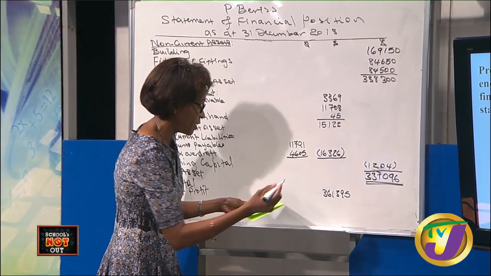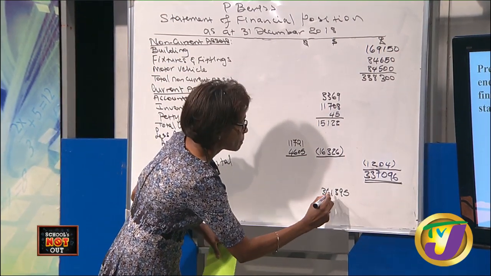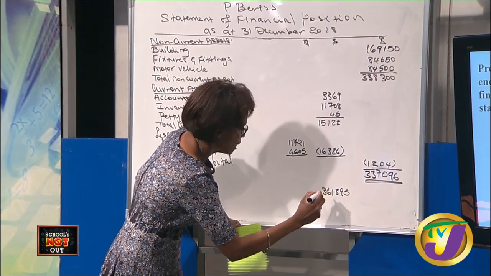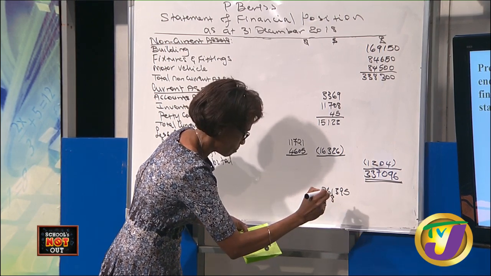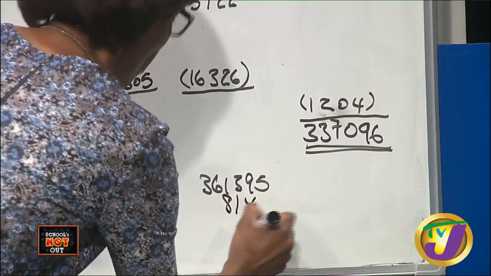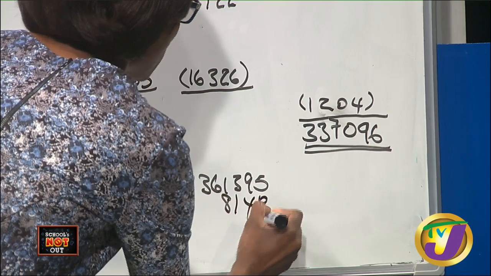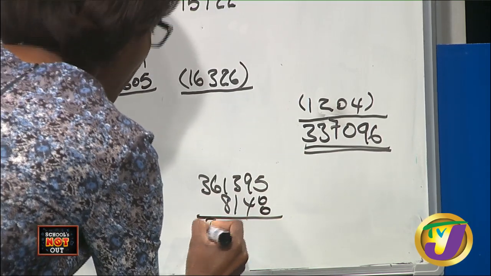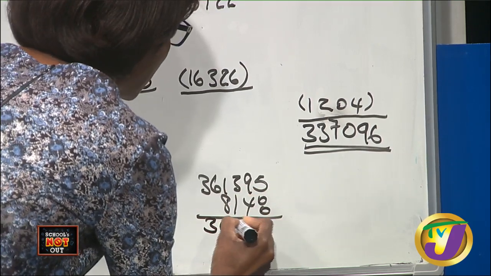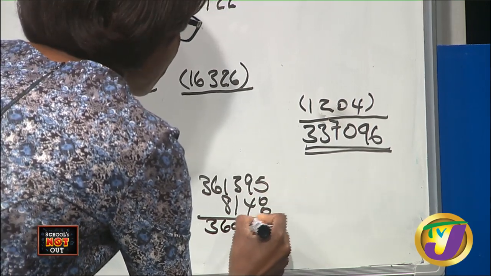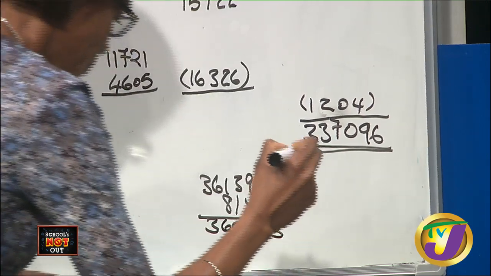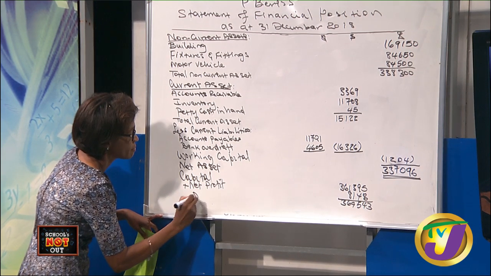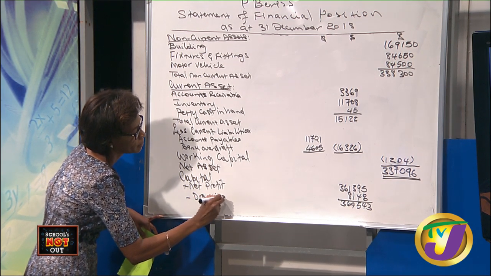The profit that we make from buying and selling, where our expense is less than our gross revenue. The net profit that we made was 8,148. So we're going to add that, and that is going to give us a figure of 369,543.